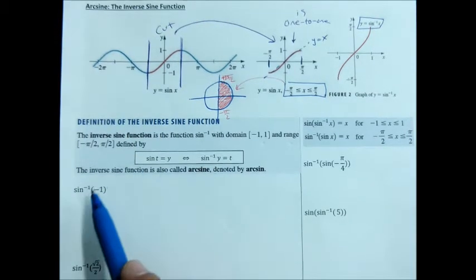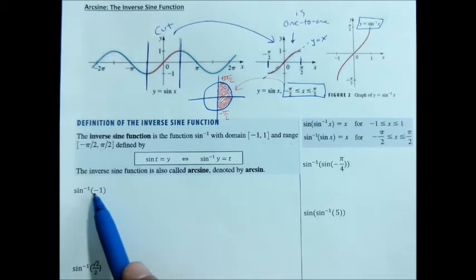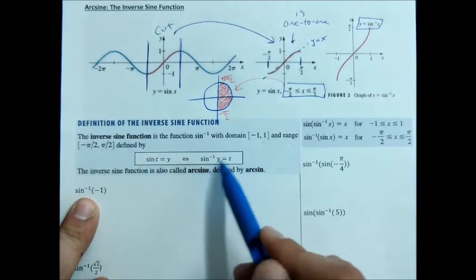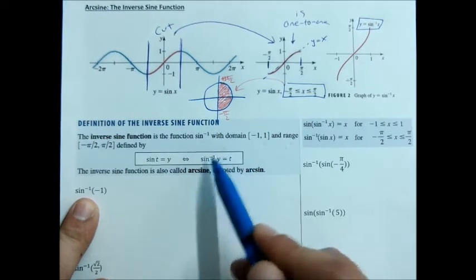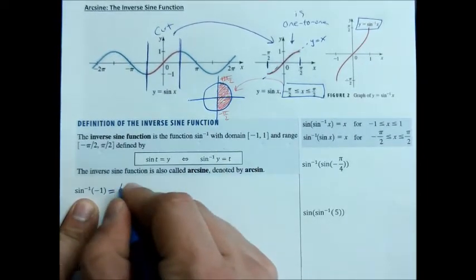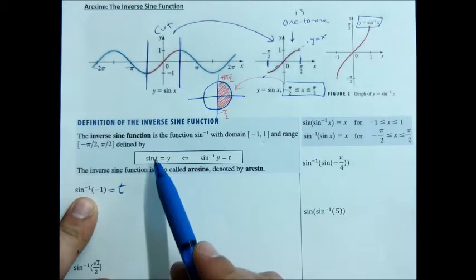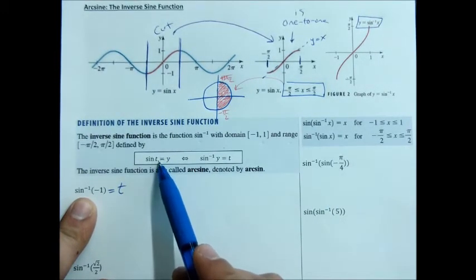And so when we see a problem that looks like this, sine inverse of negative 1, we want to know what this equals. We want to know what t that equals. And so we think about it by doing this. We think, where did that t come from?